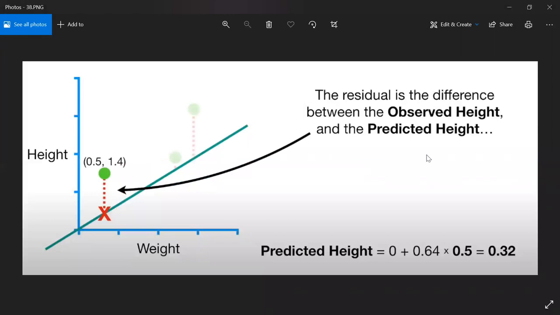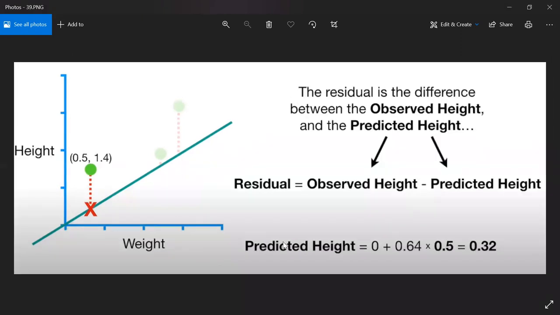The residual is the difference between the observed height and the predicted height, right? So if I compute this part, this is the residual. So what is the SSR? At this moment I computed only one point, isn't it? How many points do we have? Another two more points. So do I have to compute all the points or not?